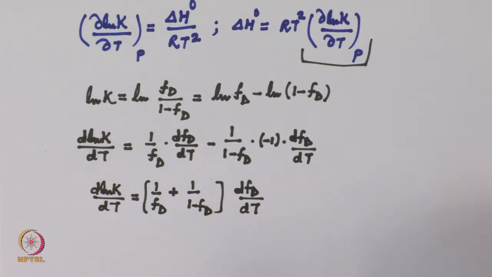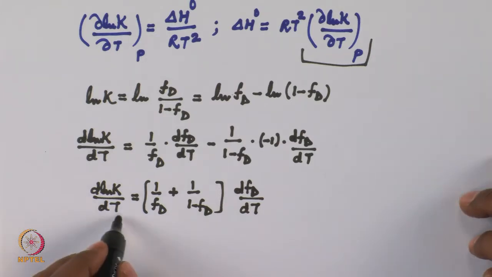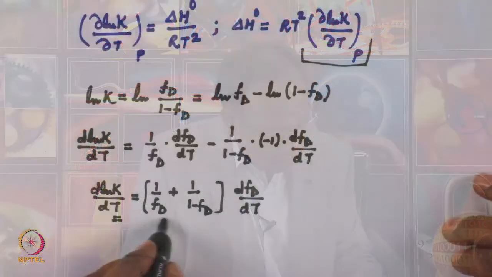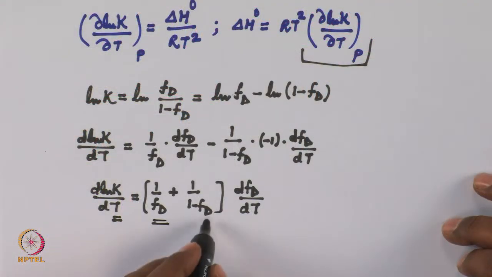If I choose the temperature to be the transition midpoint, where the fraction of the denatured state is half for a two-state transition, then Fd is half, and 1 minus Fd is also half.